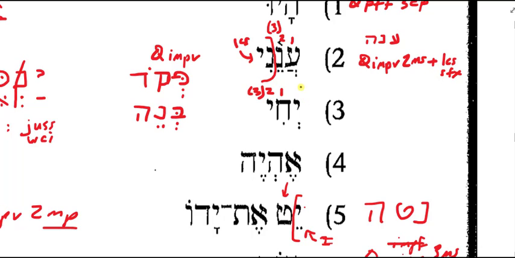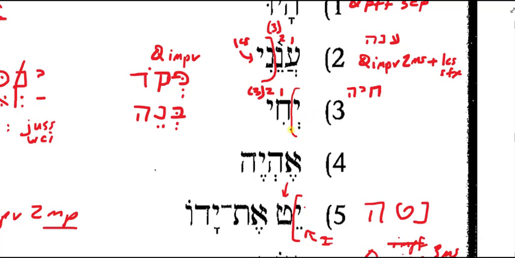So if that's the case, then this yod prefix is a 3ms prefix in the Qatal prefixes. All right? So do I have a verb that has a chet followed by yod in my verbal forms for the chapter? And the answer is yes. I have a verb chaya. Not haya with a hey, but chaya with a chet, which means to live.